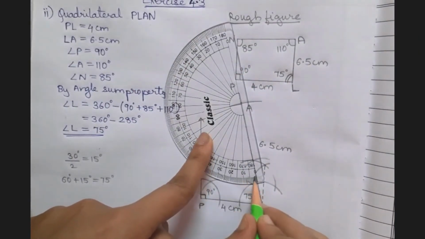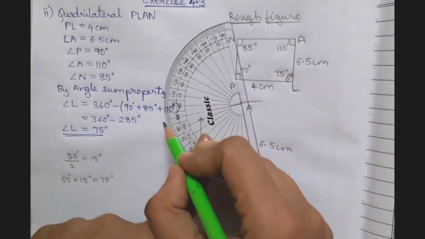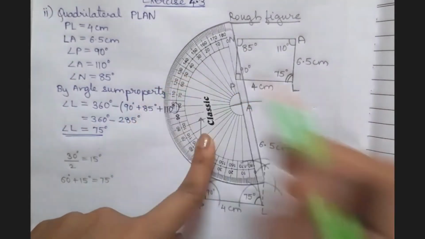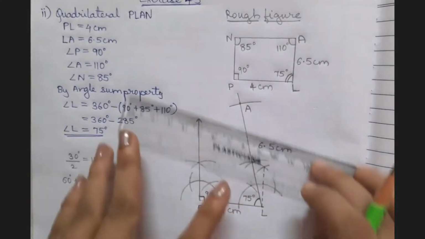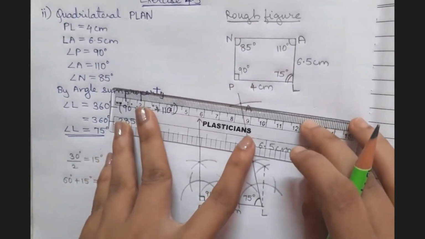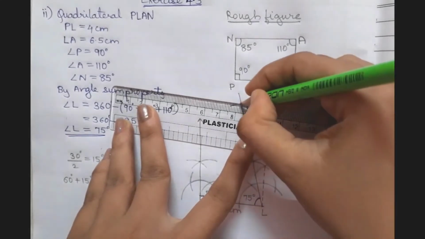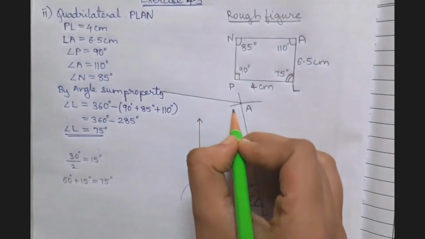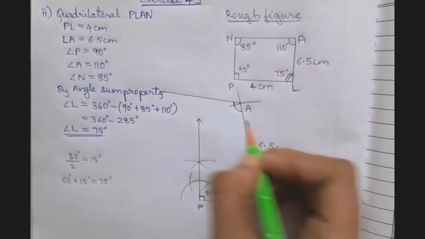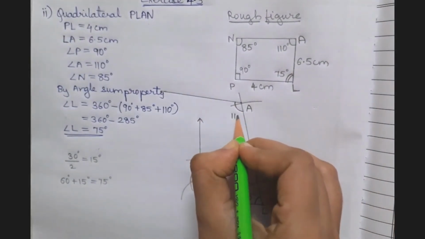Take the first scale, okay, 0, 10, 20. So 110 degree will be here. Mark this point and draw. Okay. So this angle is now 110 degrees.